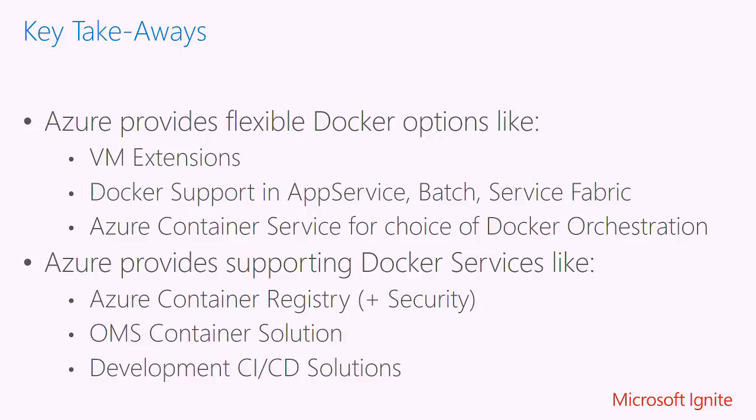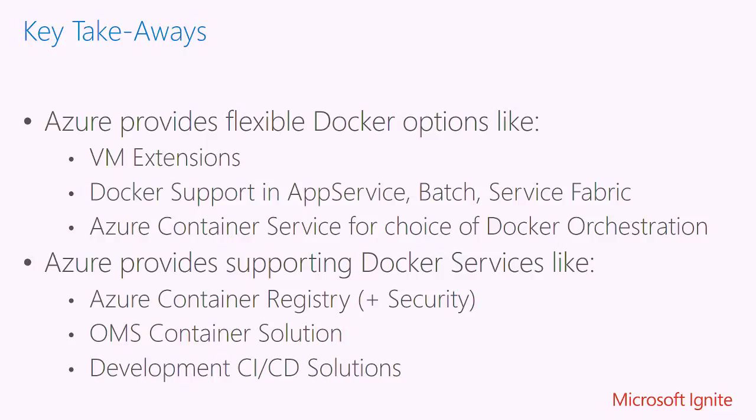So in summary, we had a look at two main things. We had a look at how you can run Docker on Azure, whether that's in VMs, using things like VM extensions or Docker Machine. We had a look at the Docker support across the compute ecosystem, which is pretty much all of our services support Docker as a deployment artifact.